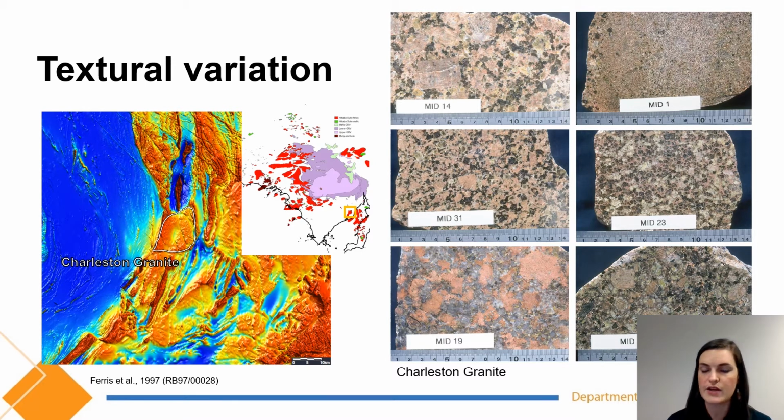But all of the other images on this screen are also from the Charleston granite. And so you can see there's quite a variation in textures here, all from one pluton. This is very typical in the Hiltaba Suite, and typically we don't have enough information about the spatial distribution of these textures to make any meaningful subdivisions.